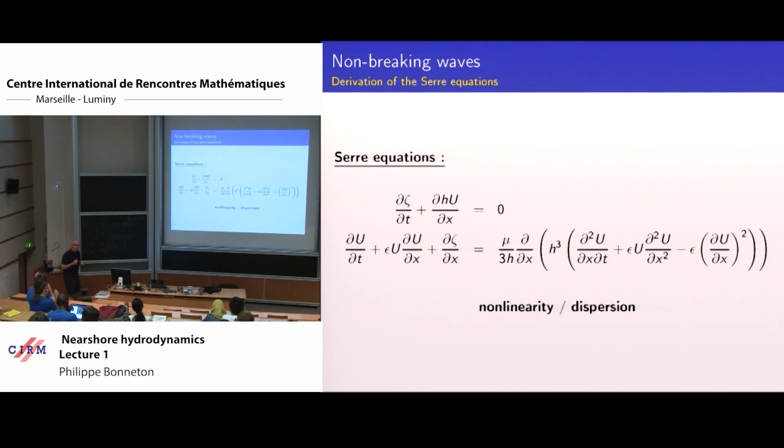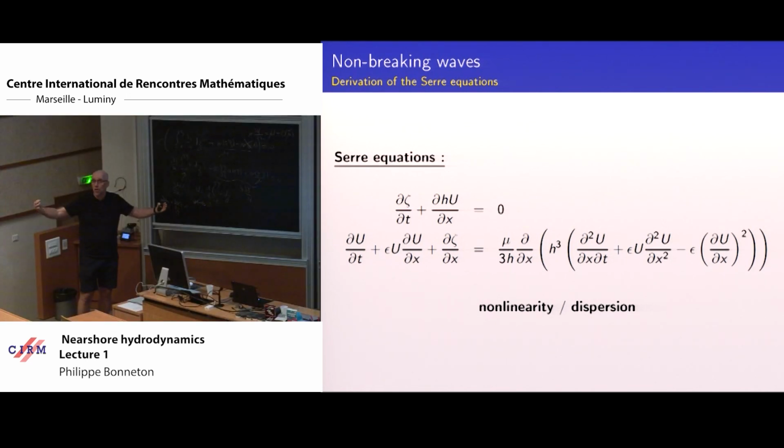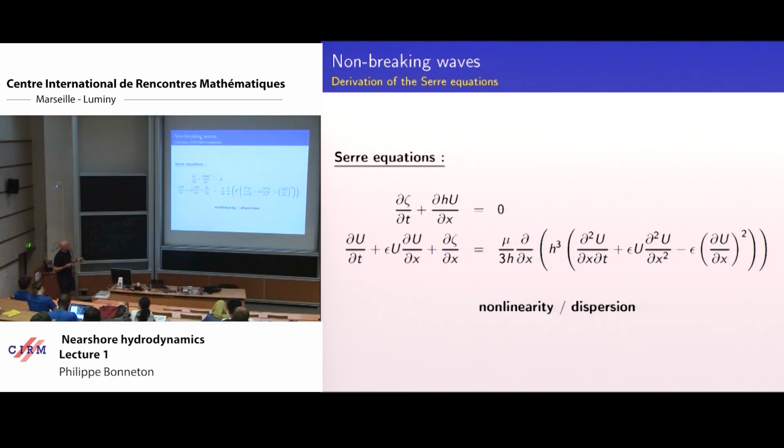So for a very small mu parameter, so in very shallow water, or for very long waves, for instance, for tsunami or tide, mu is extremely small, and this term can be neglected. So for tides or tsunami, we can neglect these non-hydrostatic terms. You don't need such Serre equations.